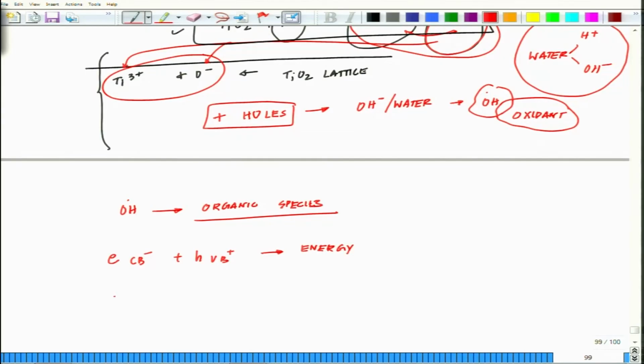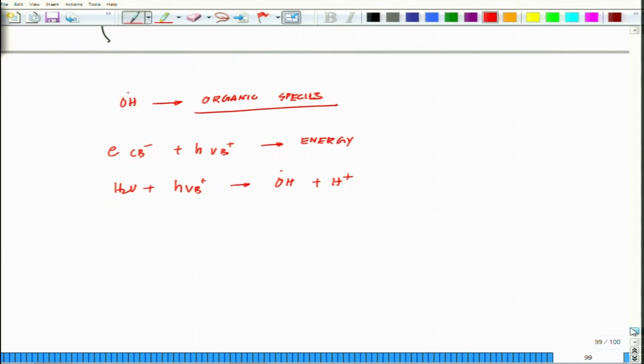H2O plus h+ in the valence band is generating OH dot plus a proton, which you could see as the H+ there. On the other hand, the next set of reactions: oxygen plus e- in the conduction band generates another free radical, another reactive oxygen species.